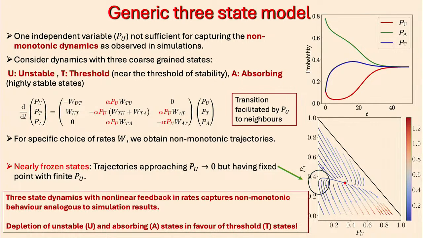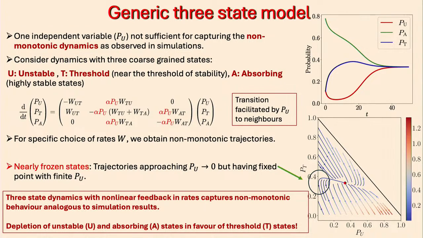And this I can represent in this flow diagram where I have the population of unstable states and the threshold states, and what you see is this initial behavior where PU, the unstable state population, continues to decrease, and for some initial conditions, indeed, I just go to 0.